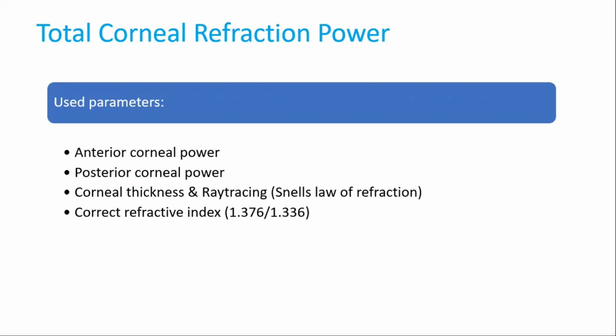The total corneal refractive map takes into account, along with the anterior corneal power, the posterior corneal power, corneal thickness and refractive index. It also considers the principal planes. So when compared to EKR, the total corneal refractive power, corneal power distribution map is superior.